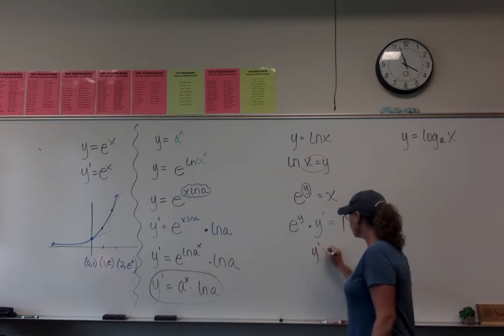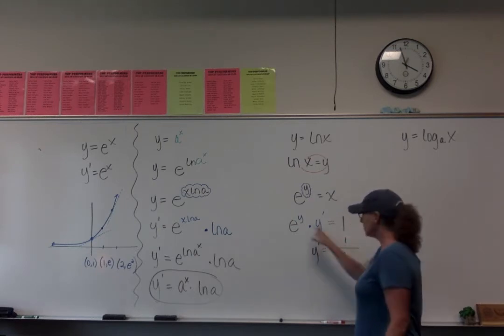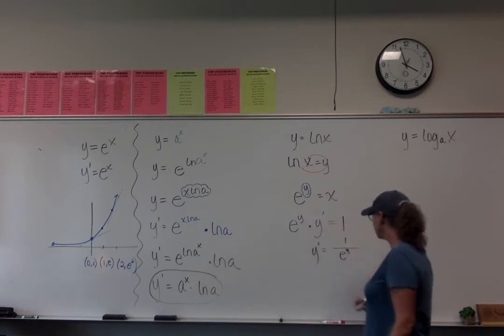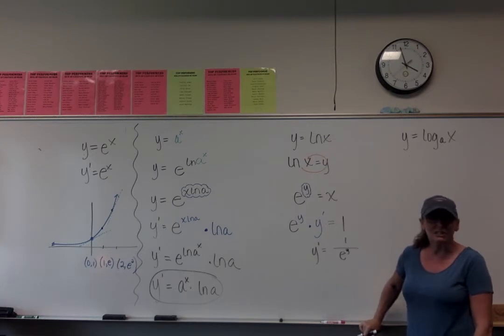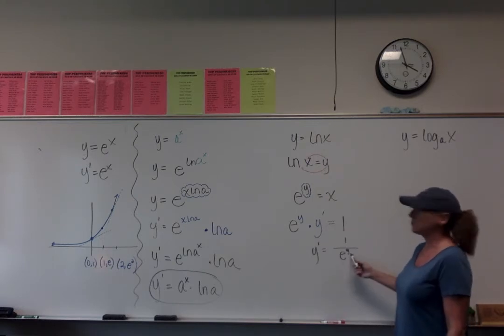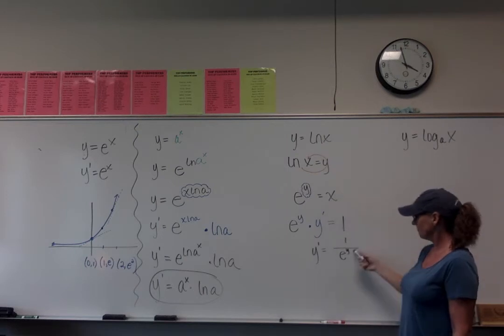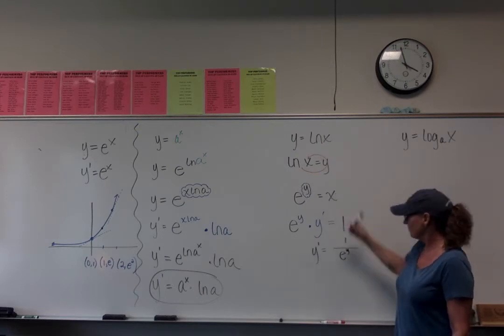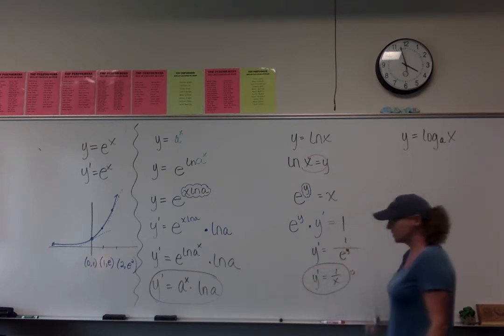Y prime is equal to 1 over, divide by this. Wait a minute. That's not the derivative I had you write down in your notes. No, but you know what e to the y is? Cute.